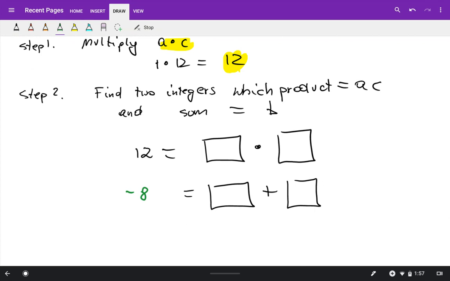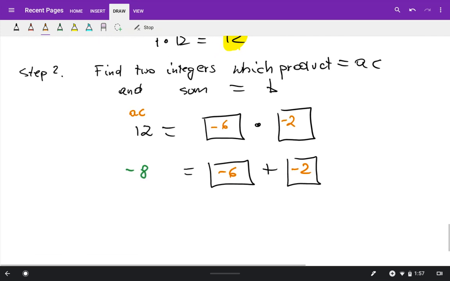Okay, 6 and 2 will work. Negative 6 and negative 2. Negative 6 times negative 2 will give you positive 12. Again, don't forget that 12 is that AC. Now, when you add negative 6 to negative 2, you end up with negative 8. So we found those two integers.